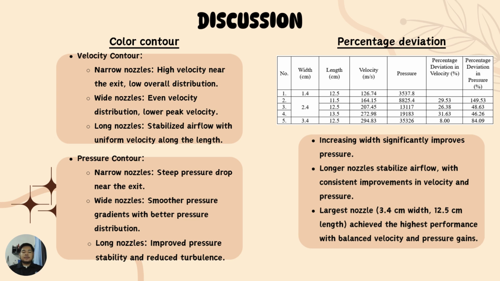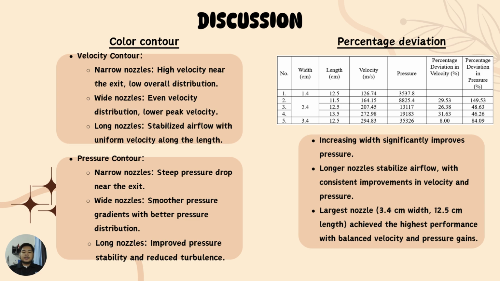Number two, pressure contour analysis. Narrow nozzles show a steep pressure drop near the exit. Wide nozzles achieve smoother pressure gradients with better distribution. And long nozzles improve pressure stability and reduce turbulence.